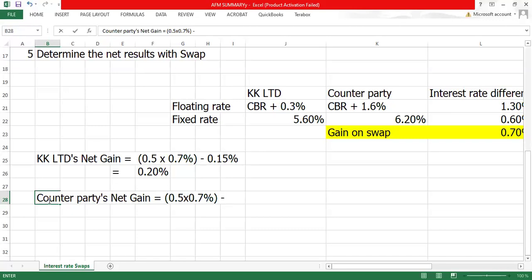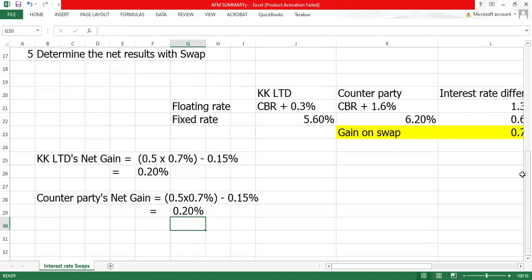The banker charged the counterparty how much? Sometimes you'll find that it's not the same, but in this question, it was the same, 0.15%. That is 15 basis points. So here the answer is still 0.2%.